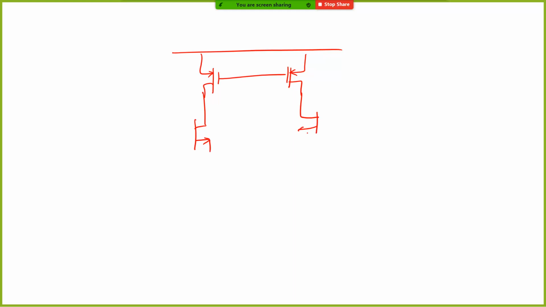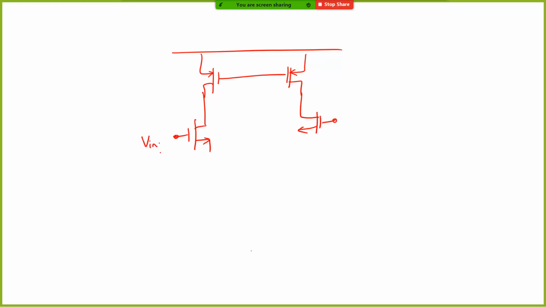Okay. Now let me give you a simple two-stage OTA. So let's say we start with a 5-transistor OTA. First, let me draw the differential version. Okay. And so this is our very standard 5-transistor OTA.